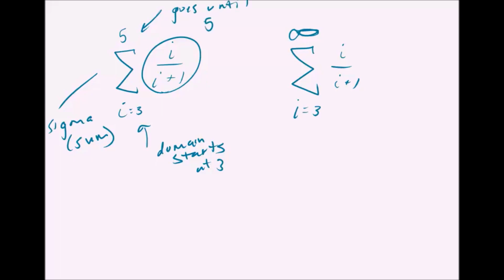So it says find the term when the domain is 3, then add it to the term when the domain is 4, add it to the term when the domain is 5.